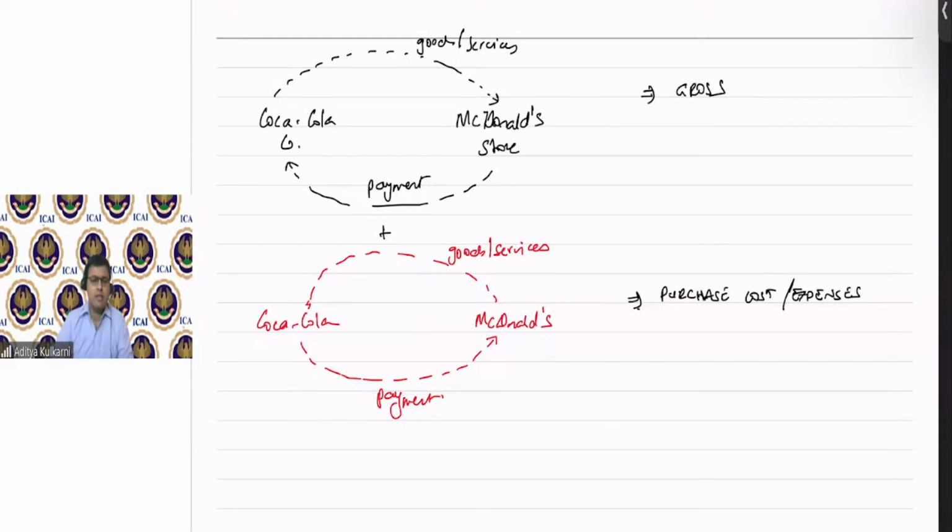Are we clear with this? Yes. When is this possible? When and only when the services delivered by the customer to the seller are distinct in the context of the contract. The goods or services, the performance obligations, are distinct in the context of the contract. Are we clear with this? Yes. Any doubts? Any issues? Any doubts?